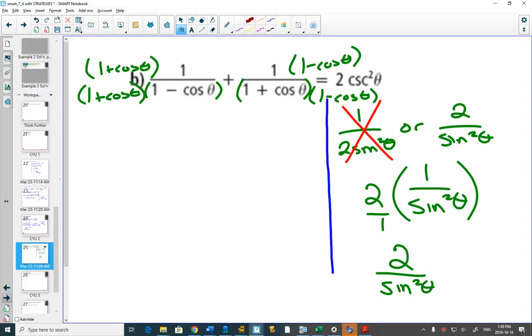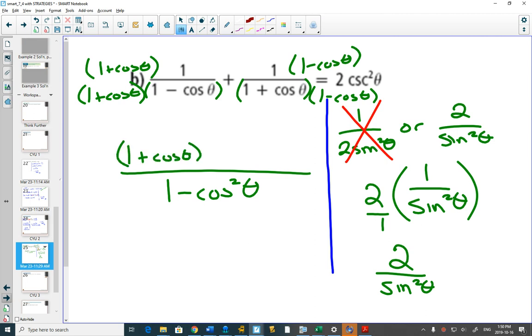Next, now I have a common denominator. My common denominator is 1 plus cos times 1 minus cos. Maybe you recognize that as a difference of squares and multiply it out right away. Then on the top, I'm going to have 1 plus cos theta plus 1 minus cos theta. Can you see that your cos thetas, like terms, will cancel out?